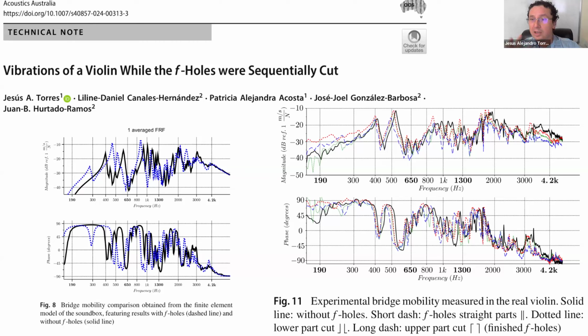Around 1 kilohertz, we have more changes in the bridge mobility response, while the bridge hill changes, but without disappearing in any case.